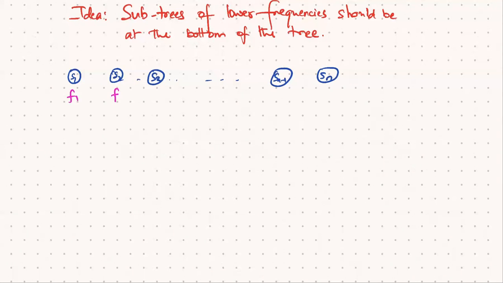Frequency 1, frequency 2, so on. Okay, and let's say we have numbered them such that they are in this order, right? Arrange them in decreasing order like this.